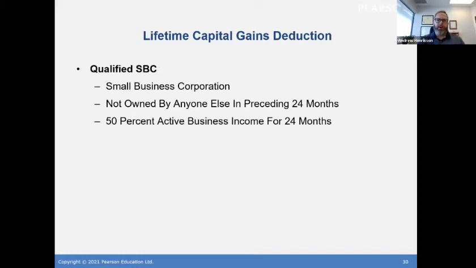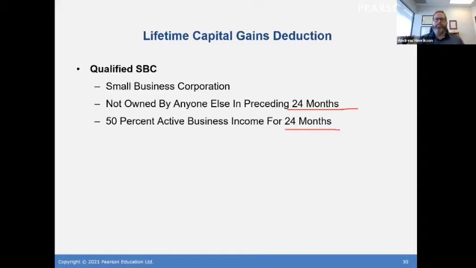There is a time frame that has to qualify here too. It has to not be owned by anybody else in the preceding 24 months. So this isn't something you can do on a whim, like buying it and flipping it. You have to have invested and held that investment for at least the preceding 24 months. Also, that company had to be 50% or more active for those same 24 months.